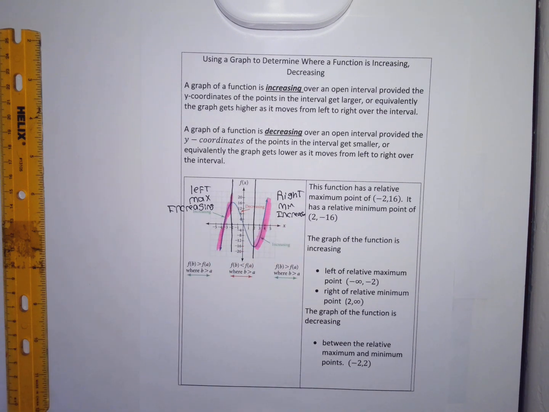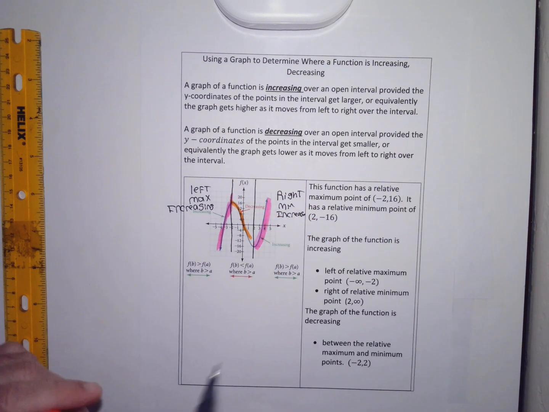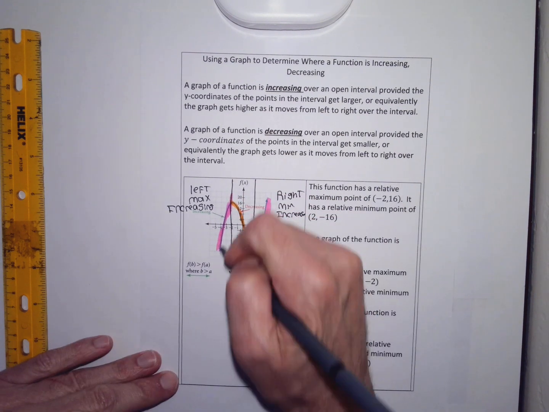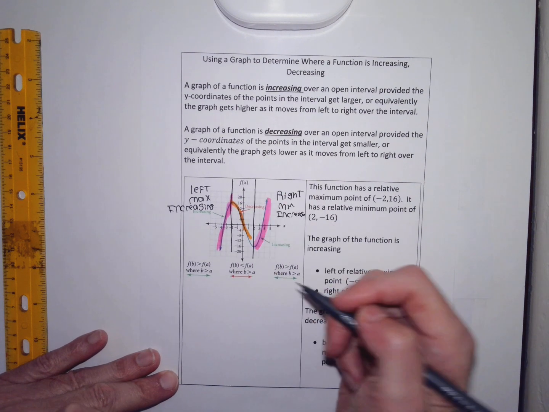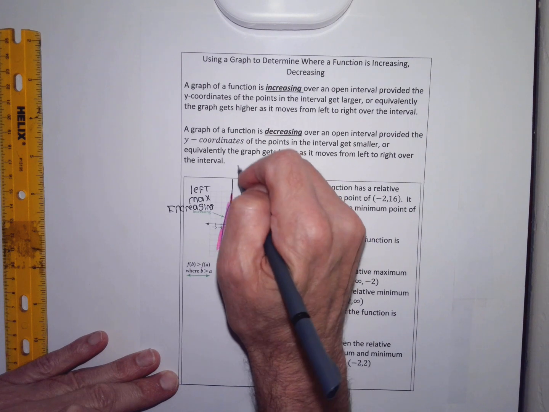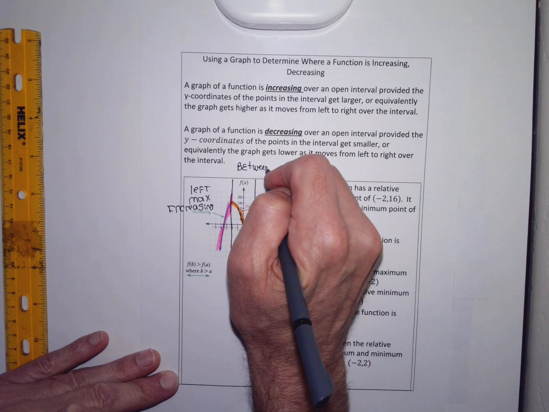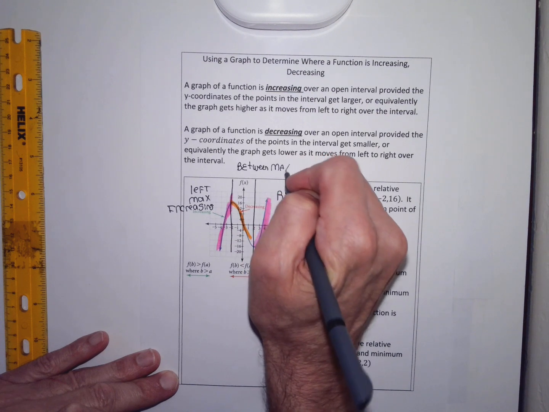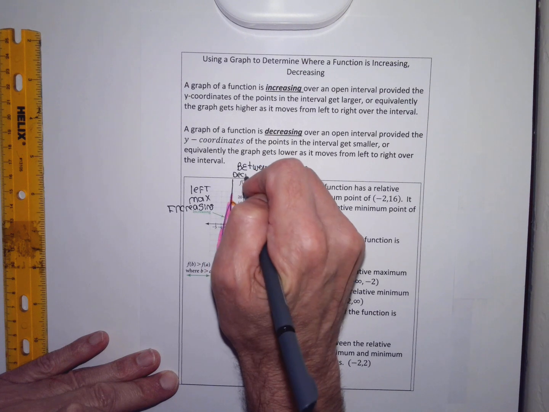And the region between the maximum and the minimum is considered a decreasing interval, because as I'm drawing, my marker's going down. As my marker's going down, the y's are getting lower, for what that's worth. So between the max and the min, this is considered a decreasing interval.